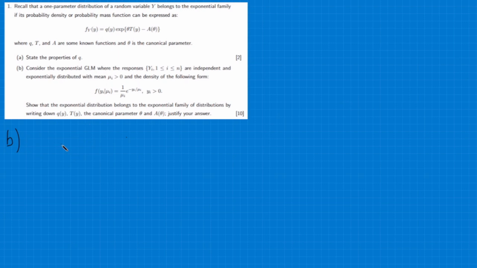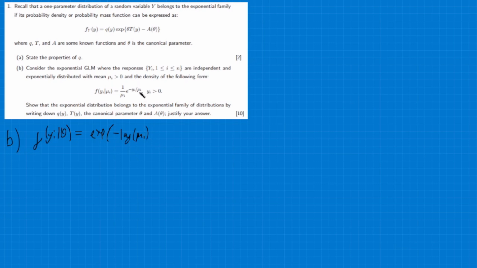One thing we can do is get this e at the front and take a log for this yi. So we get f of yi given theta equals exp, and we know that if you take the log of an e it comes out, so we can put that log in, but as it's below it has to be a minus of the log because it's 1 over, so minus log of mu.